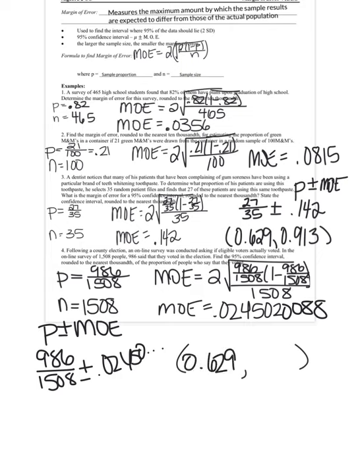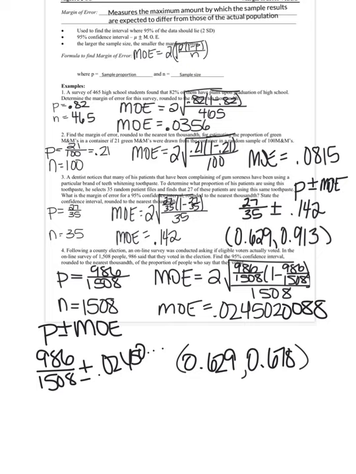So we have 0.629. And then when you do the same thing, but add it instead of subtract it, that gives you 0.678. Now really quickly, just notice before in number 3, your margin of error was 0.142, but in number 4, your margin of error is 0.024, so it's a lot less.